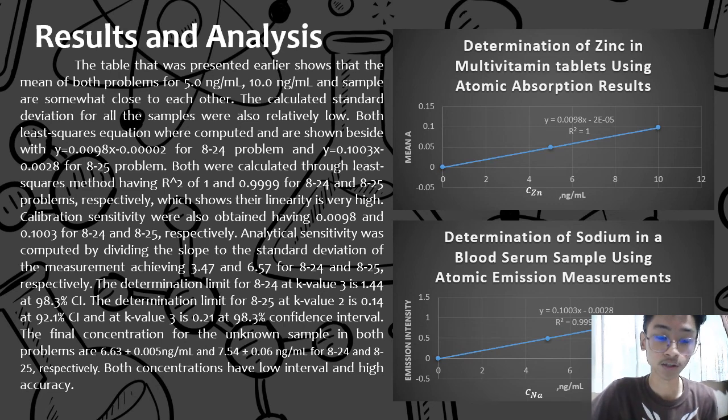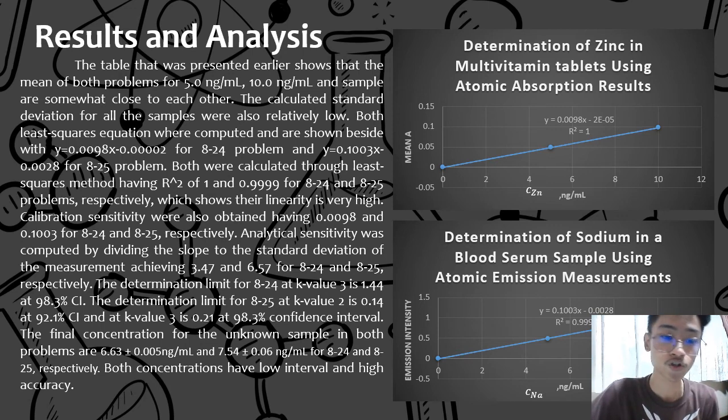The detection limit for the first problem at k-value 3 is 1.44 at 98.3% confidence interval. The detection limit for the second problem at k-value 2 is 0.14 at 92.1% confidence interval, and at k-value of 3 is 0.21 at 98.3% confidence interval.